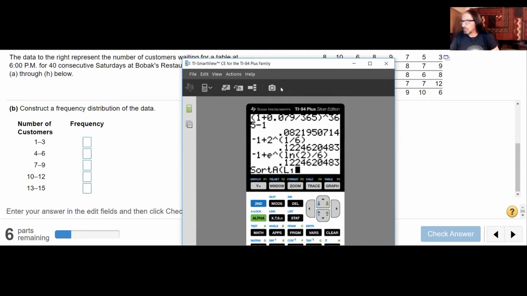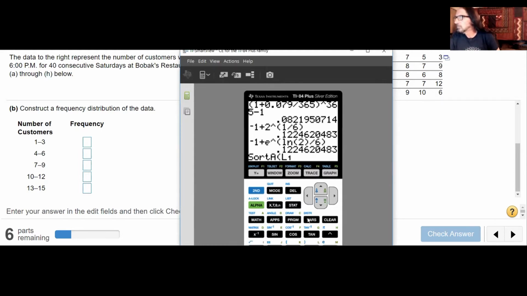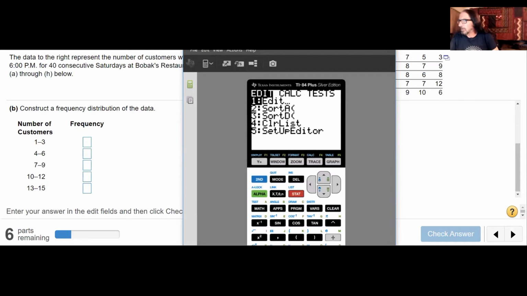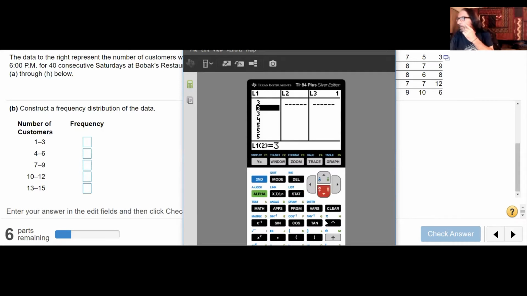I put the data in list 1, so I press second and 1 to get L1 to show up, and then close the parentheses. Pressing enter, you're not going to see the results there. There's 2 options you have to do. You can go back to the table and it's put them in order.